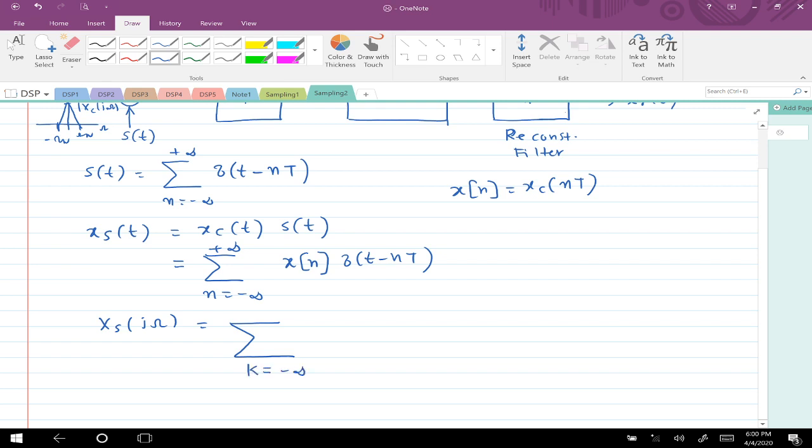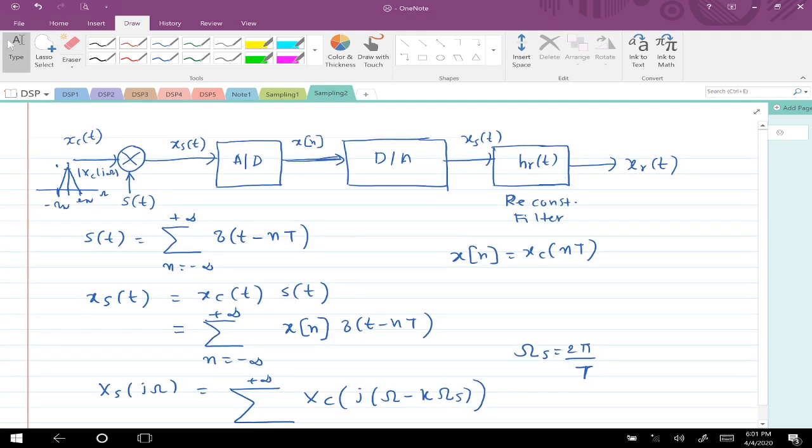That is, the sum over k from minus infinity to plus infinity of xc of j times omega minus k omega s. We have also seen that omega s is nothing but 2 pi by t, the rate at which you are taking samples. This was the block diagram which we worked out in the last class, except that I added a few more blocks in order to reconstruct the signal. This is the block diagram as of now.